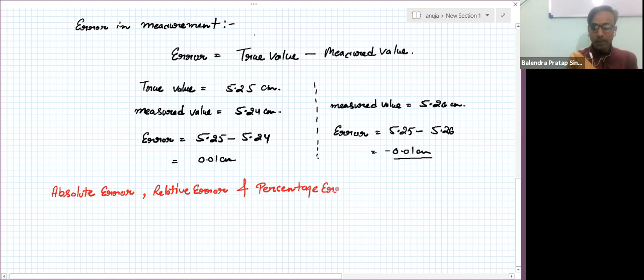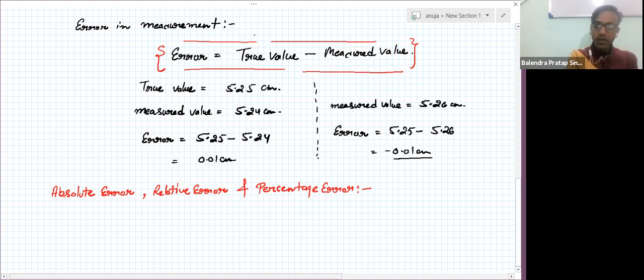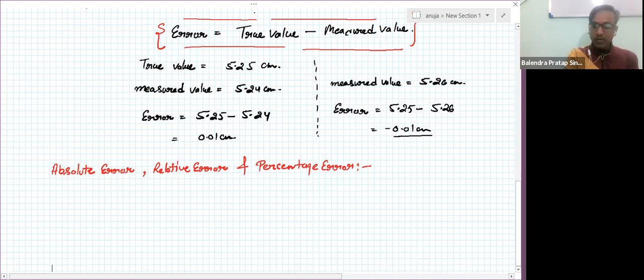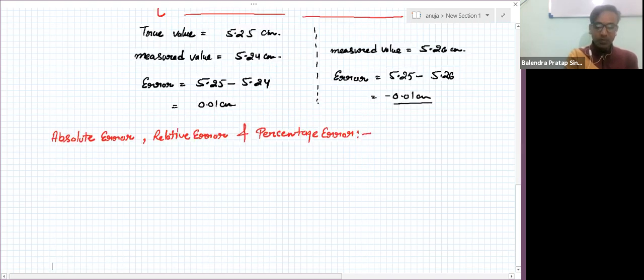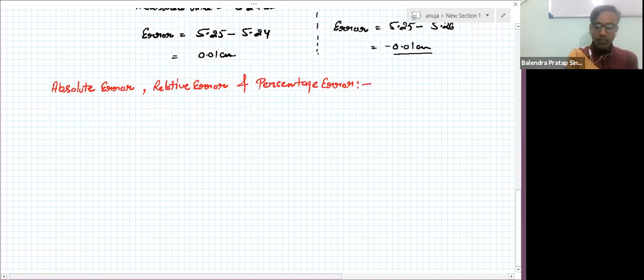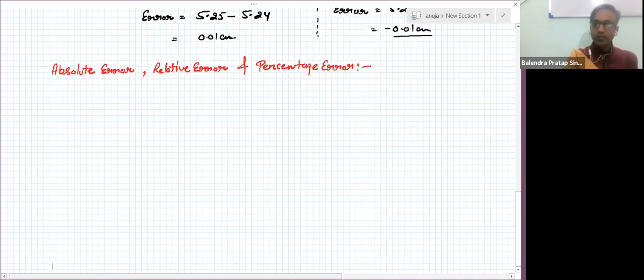And try to remember this formula, which is error is equal to true value minus measured value. This is the most fundamental formula. Okay, so next part is absolute error, relative error, and percentage error.